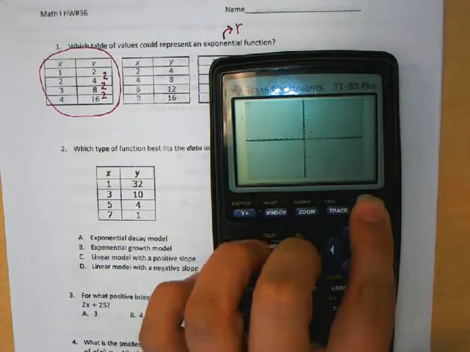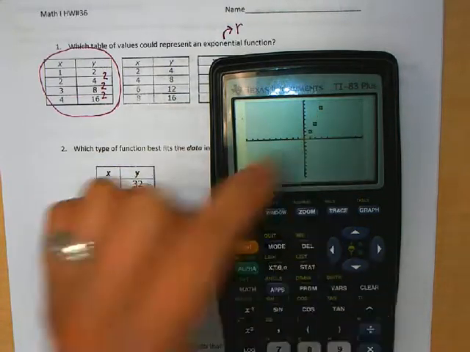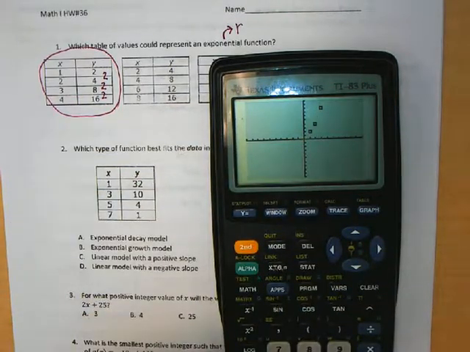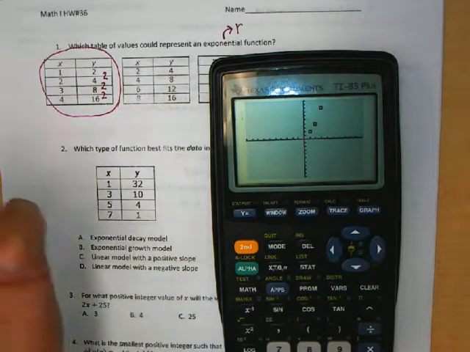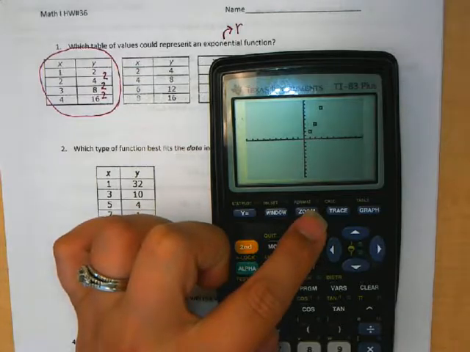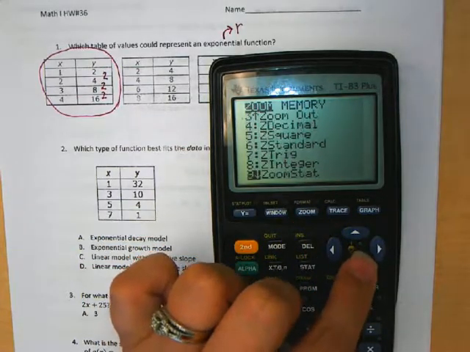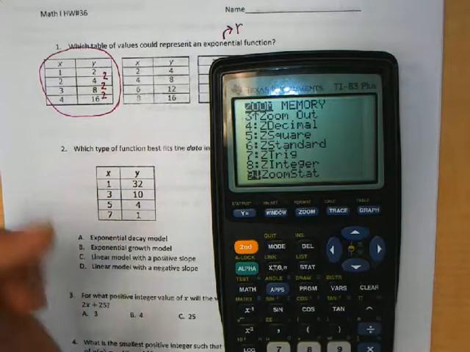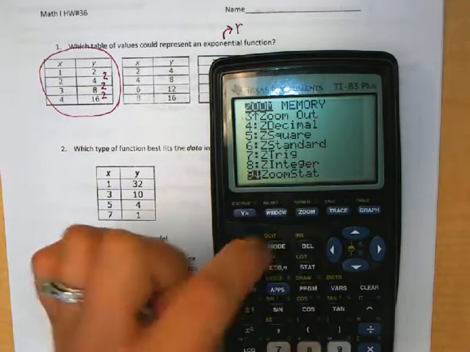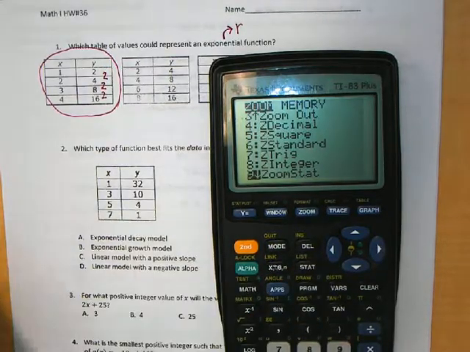So now that I've got that in there, I'm going to quit, clear my screen, and hit graph. Now you'll notice that you can see some of the points. If you want to make your calculator to where you can see everything and it zooms out so you can see it better, if you hit zoom and you scroll down, you'll notice where it says zoom stat. So zoom stat is saying that it's going to zoom specifically for the points you put in stat.